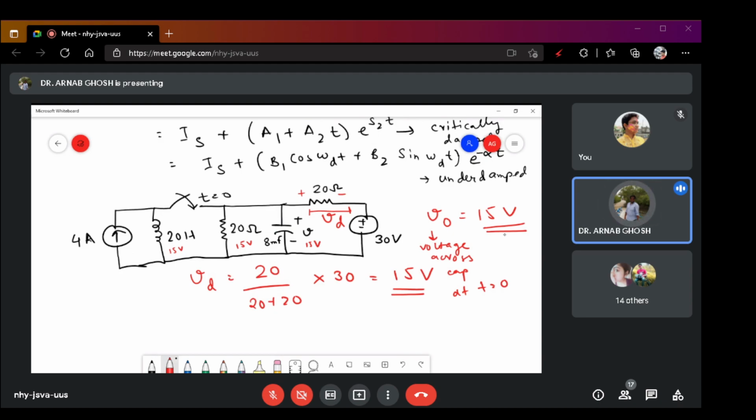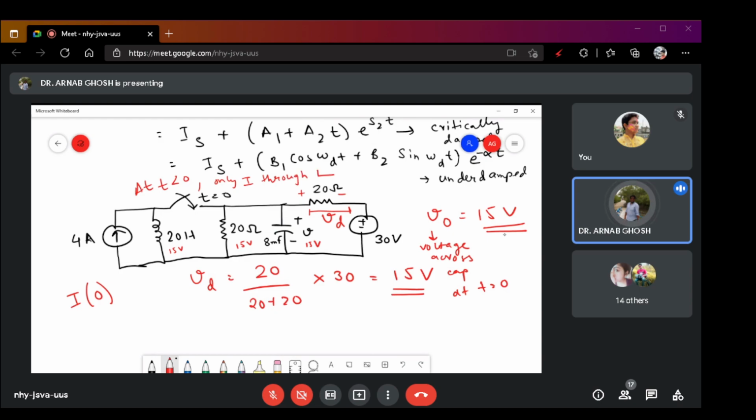Similarly, you look at this. This is getting closed at t equals 0. So what is your inductor current at time 0? Before t equals 0, at t less than 0, no current will be flowing in this circuit, only current through the inductor.